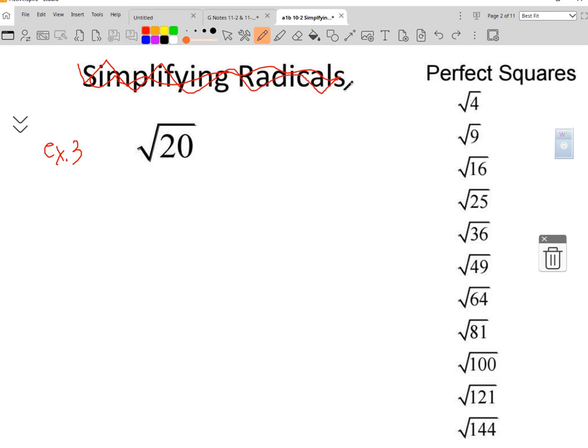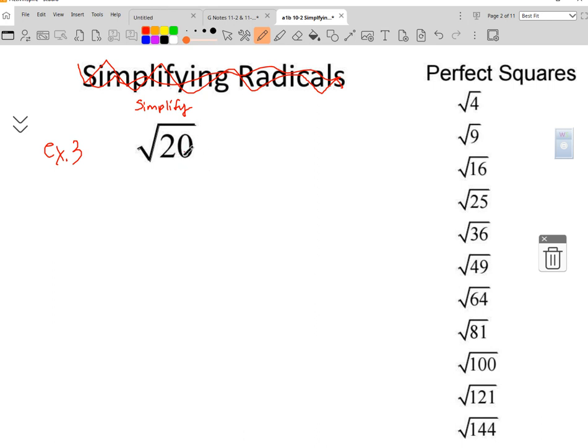So the third example, we're going to simplify the square root of 20. So we are going to write simplify here. And the way that we're going to do that is we're going to break this square root down into factors. But we're looking for special factors. We're looking for the biggest square root factor of 20 that we can find.